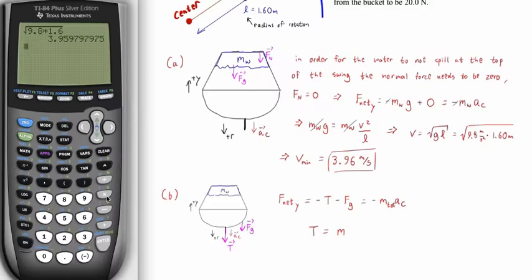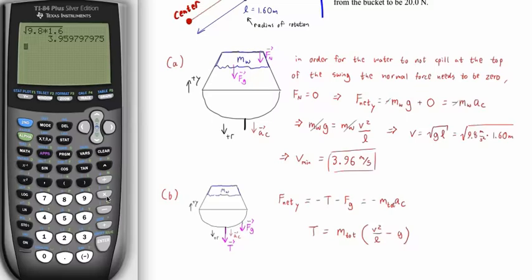And that's just the given mass of the bucket plus the given mass of the water. So M total, okay? And then that would factor out of V squared over L minus G, okay? All I've done here is just the algebra from the line above.